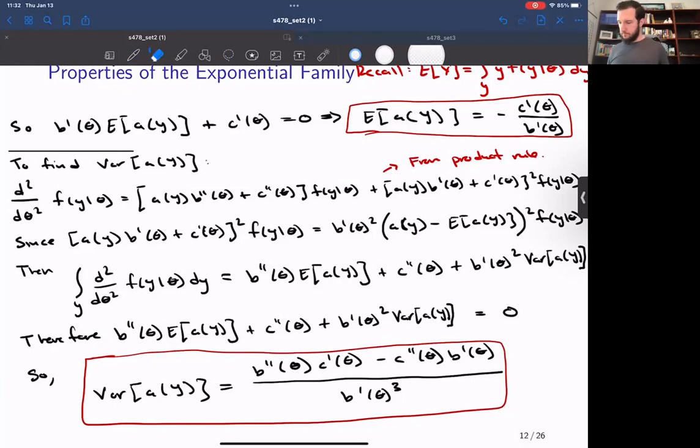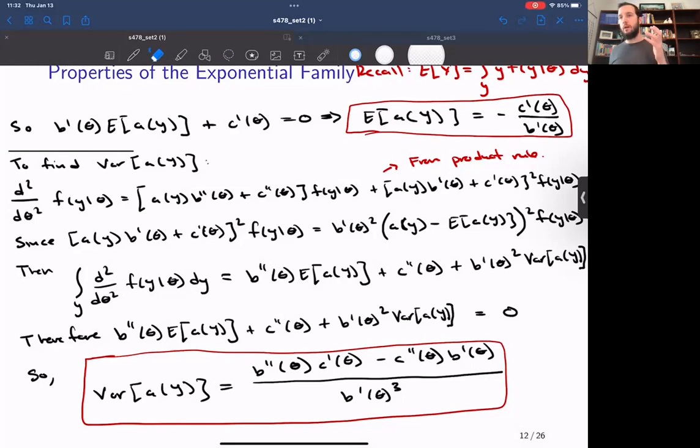All right. So the next thing that we're going to look at are properties of the likelihood function. And again, one of the reasons that we're interested in this is because maximum likelihood estimation is the key process by which we actually fit the generalized linear models.